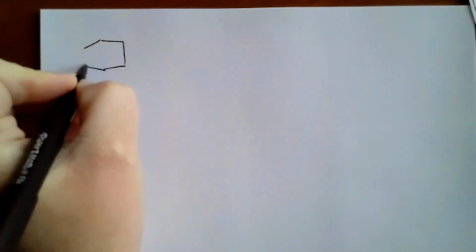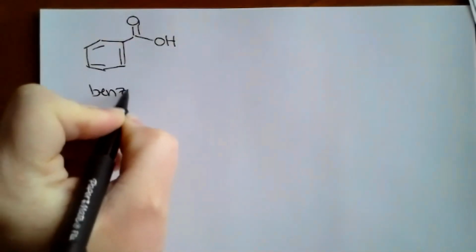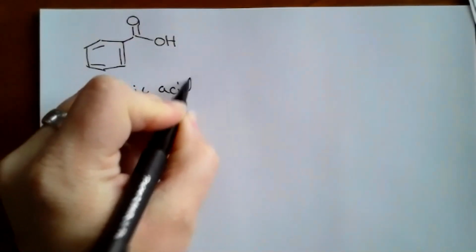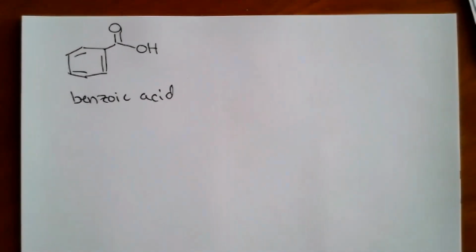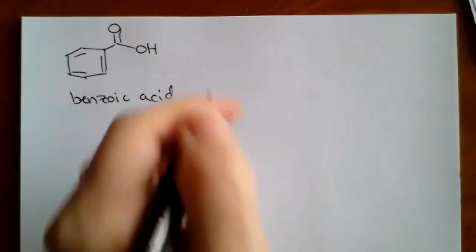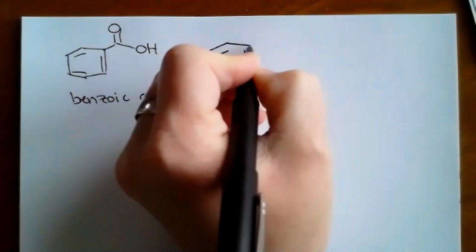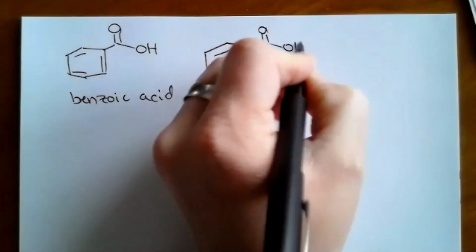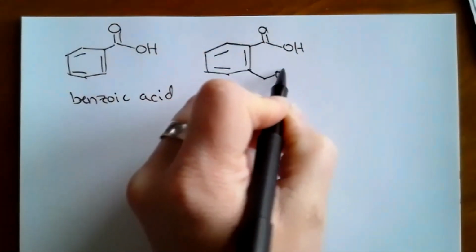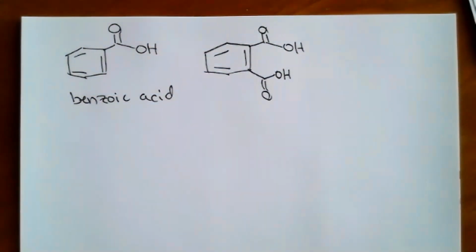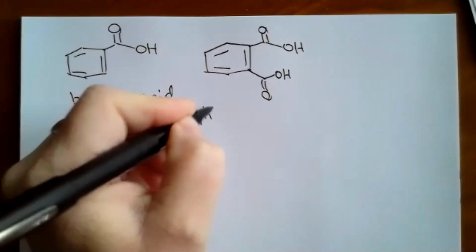All right, so that first name up there that you can hopefully deduce is benzoic acid. That's this guy. It's benzene with a carboxylic acid. Next to benzoic acid is phthalic acid. Yeah, PH-TH, phthalic acid. That's benzene with a carboxylic acid, but no, not one, two carboxylic acids, ortho to each other.